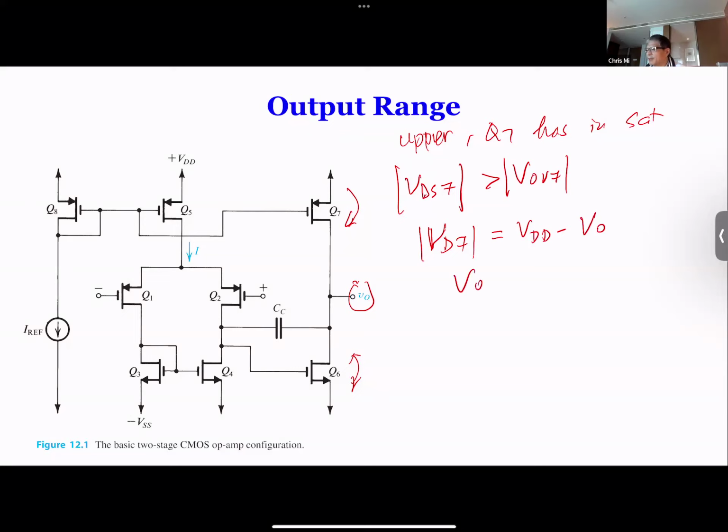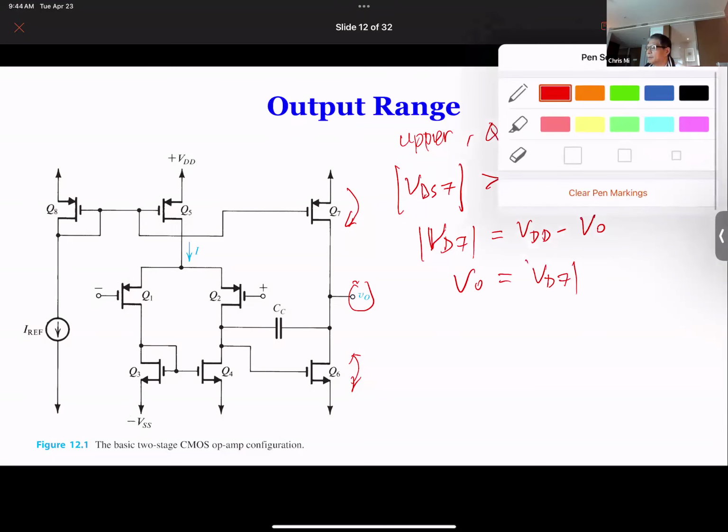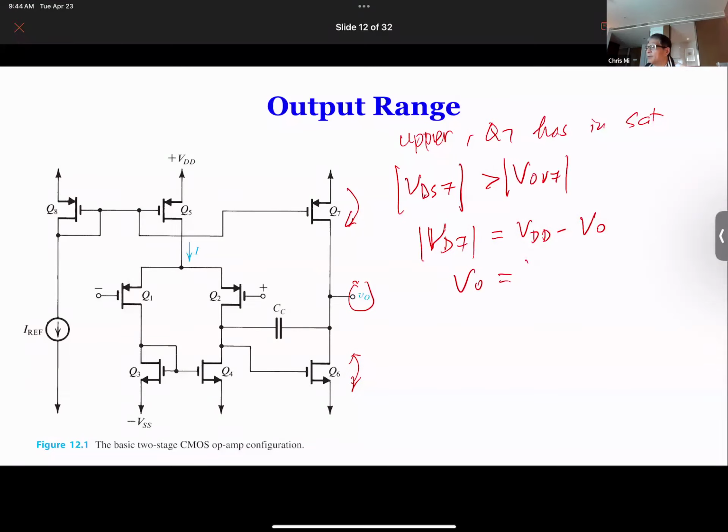So therefore, VO has to be, now we move this one on that side. We can do it in a simple way. You can say VO equal to VDD minus VDS7.